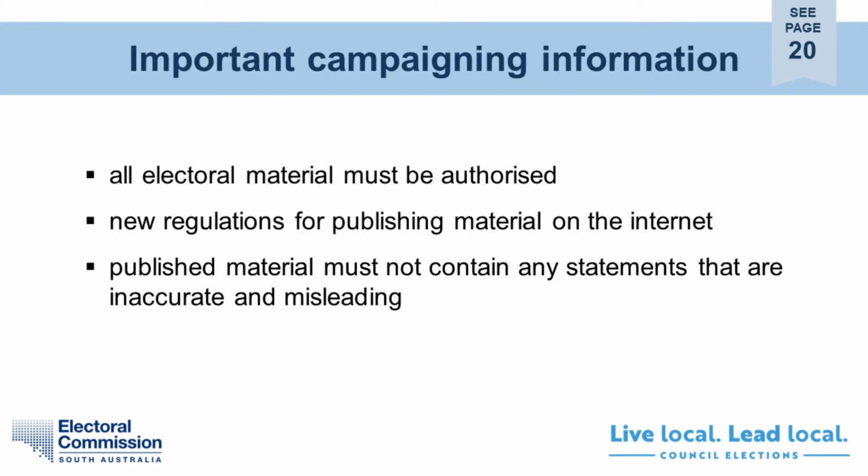Candidates have been prosecuted and convicted for breaching the above legislation, both for failure to authorise and misleading material. So please make sure you understand and abide by it. Such breaches of the Act are criminal offences and carry fines of up to $5,000, and a conviction can and has been recorded.